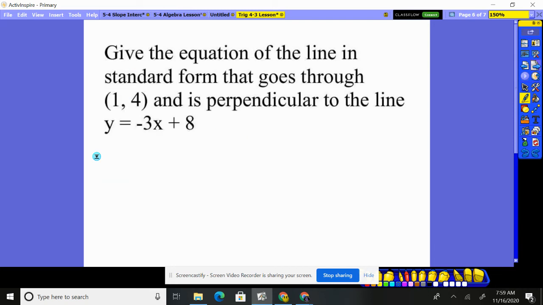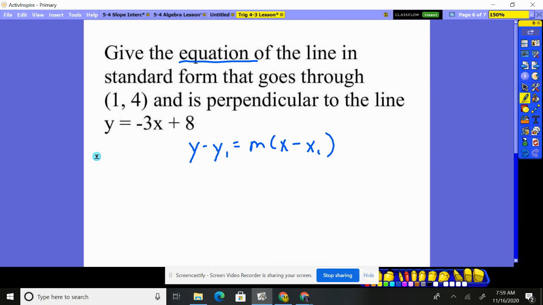All right, now it says, give the equation of the line in standard form that goes through (1, 4) and is perpendicular to the line y equals -3x plus 8. Well, if I have to make an equation, I always start with the point-slope formula, because all I ever have to find is the slope.